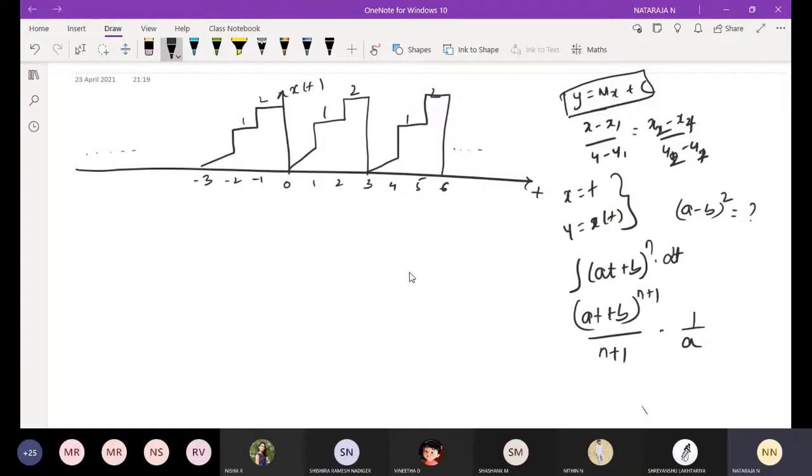It's a rising edge from 0 to 1. If you substitute the t value, if t is equal to 0, amplitude will be 0. If t is equal to 1, it will be 1. So x of t is equal to t from 0 to 1. Then amplitude 1 will be from 1 to 2. Then amplitude 2 will be from 2 to 3. Find the same relation and solve the equation.